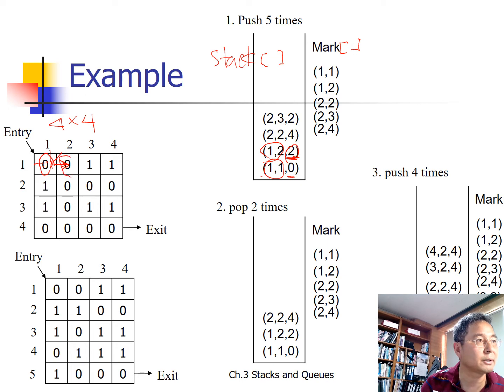And how about this one? At this point, we will search possible directions. No, no, no, yes, this one. Okay, there is some error here. So this is not. This is not.